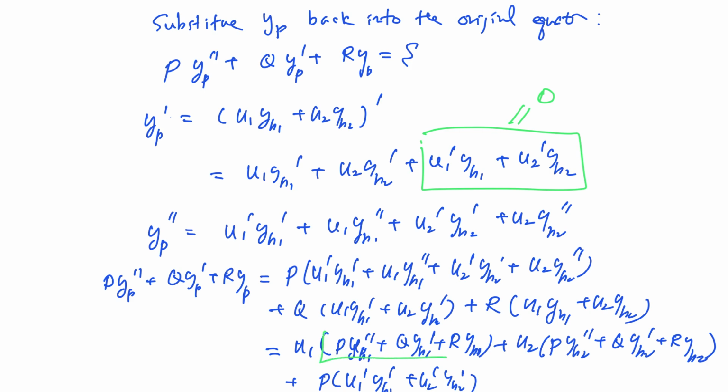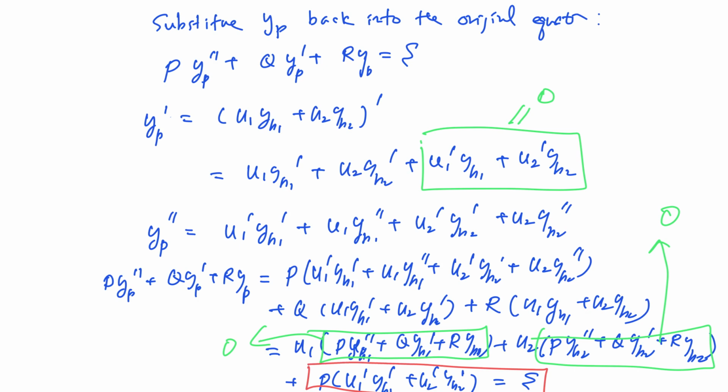What happens to this term? yh1 was a homogeneous solution, so it should be 0, right? How about this one? Also goes to 0. So the only thing that remains is this, equal to S. So we have two conditions for two equations, this equation and the previous one.